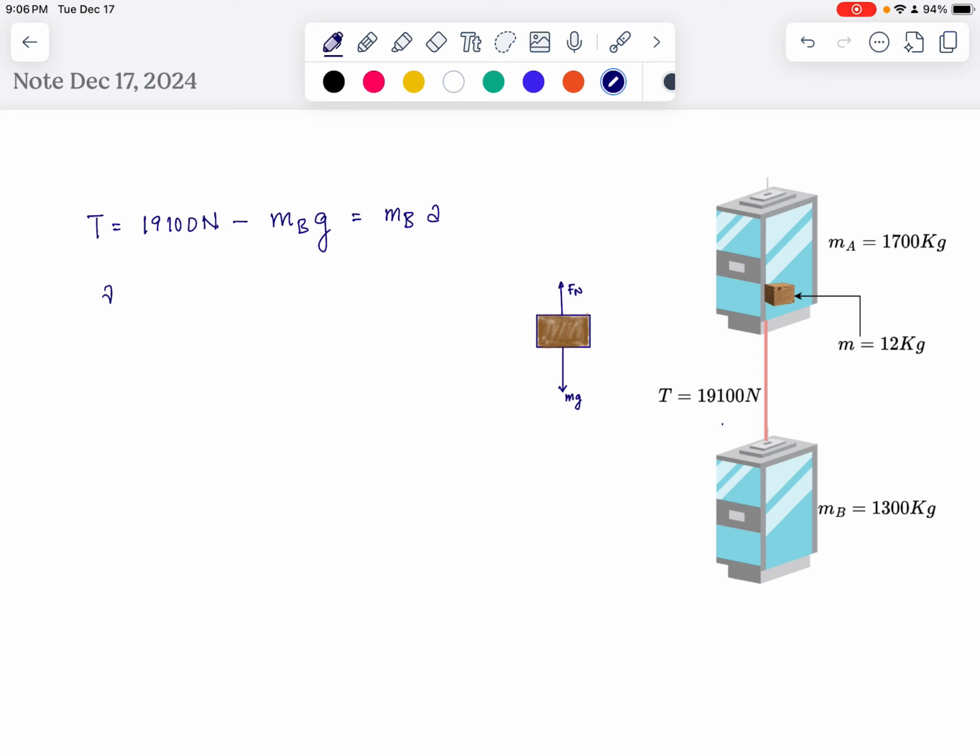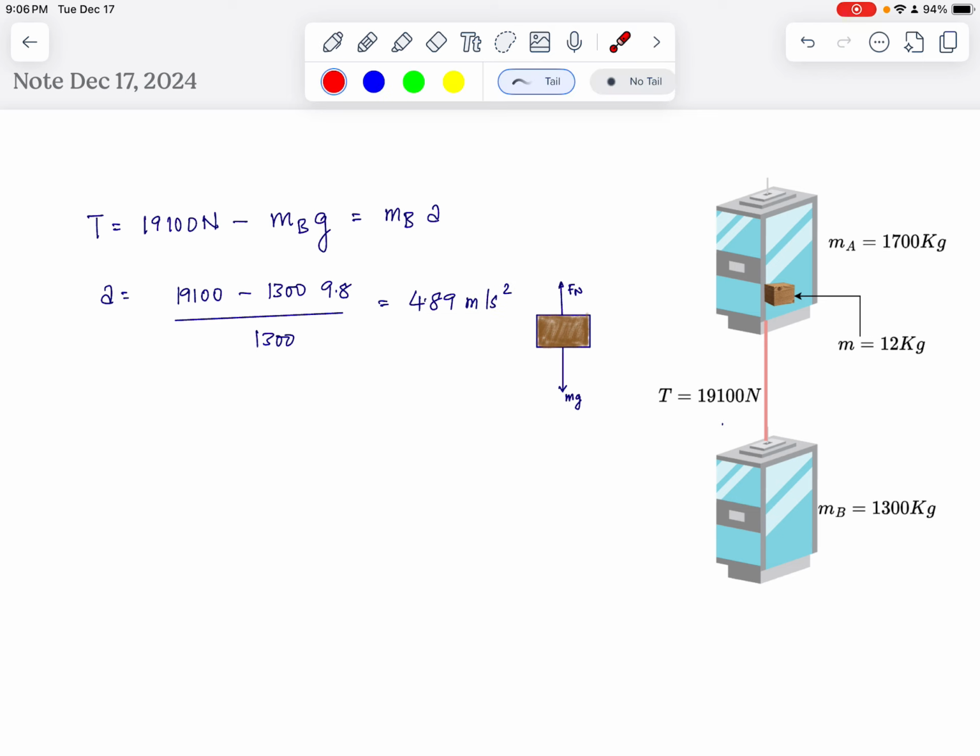So the acceleration here is 191,000 minus 1300 times 9.8, divided by 1300, and that equals 4.89 meters per second squared.